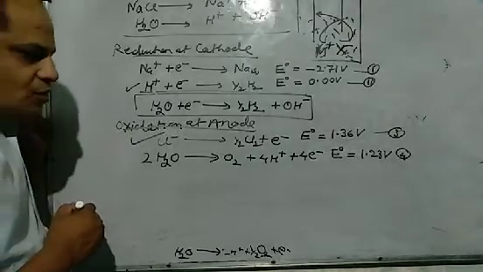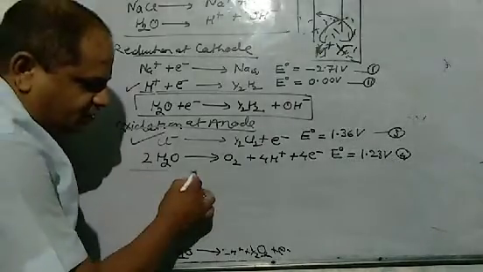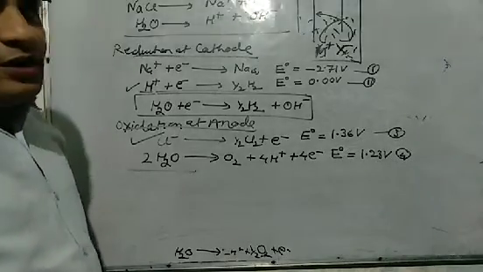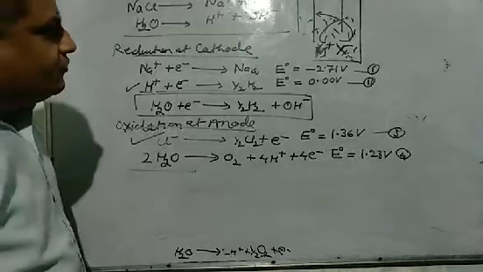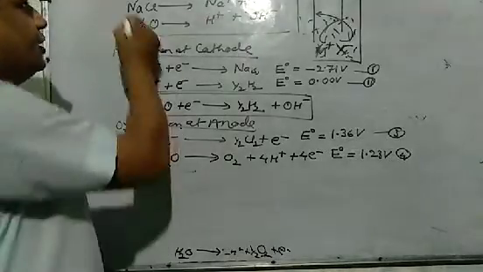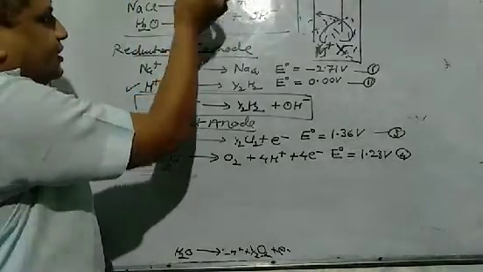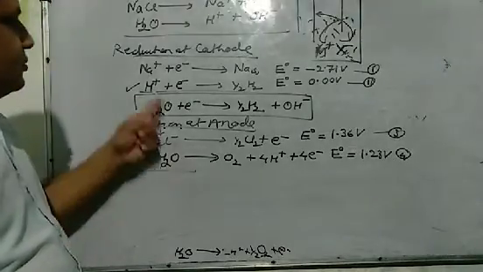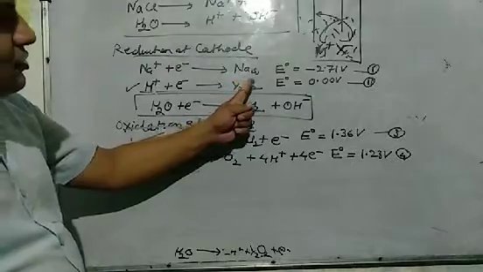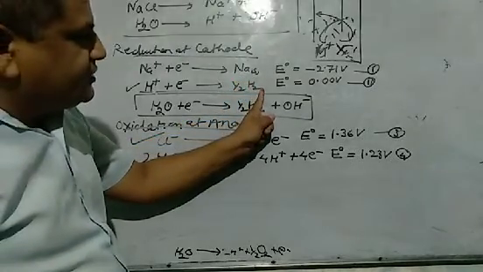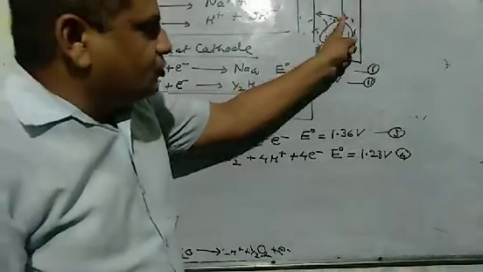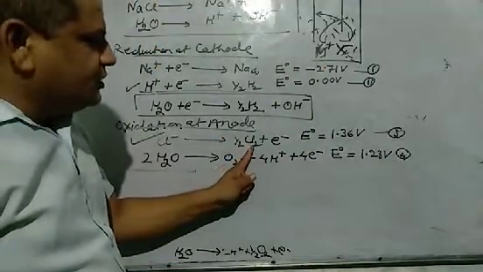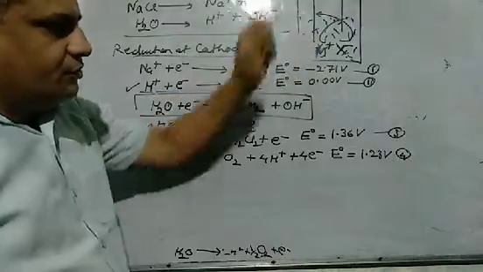This is due to the overpotential of reaction 4. So we can conclude that when electrolysis of aqueous solution of NaCl is carried out, hydrogen gas is obtained at the cathode and chlorine gas is obtained at the anode.